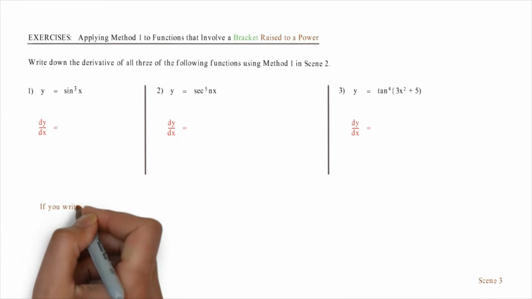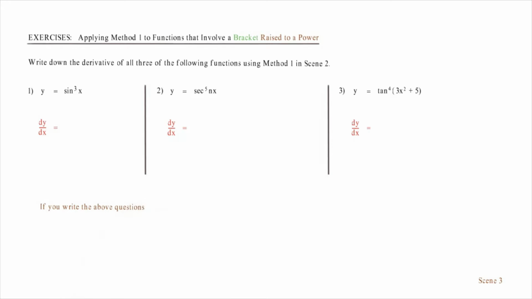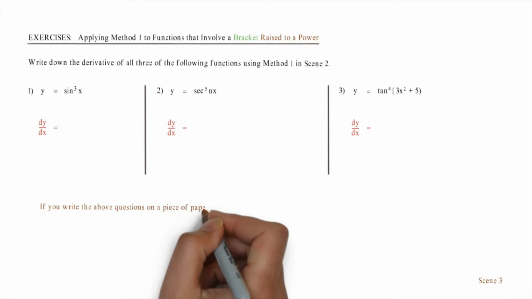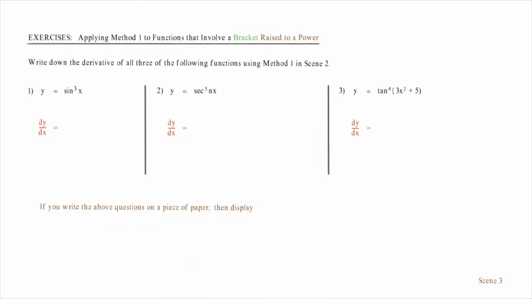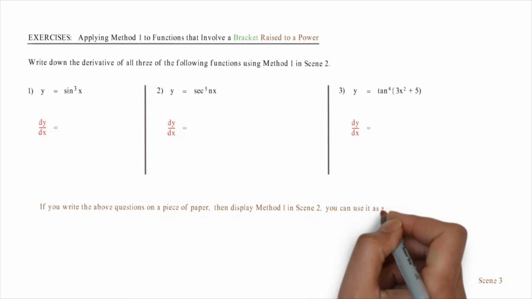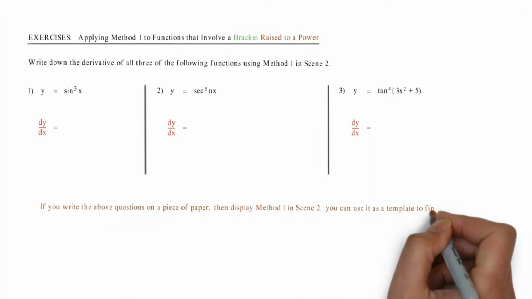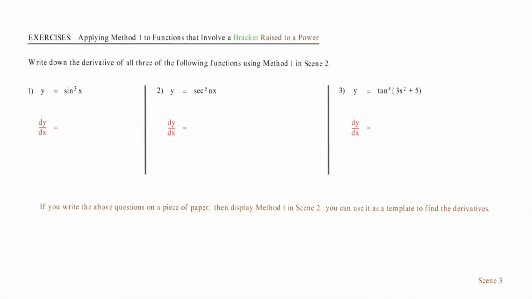If you write the above questions on a piece of paper, then display method 1 in scene 2. You can use it as a template to find the derivatives.